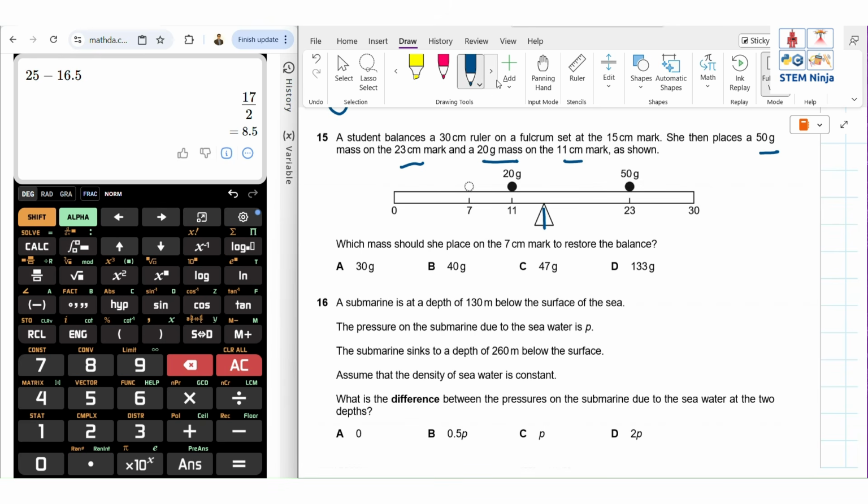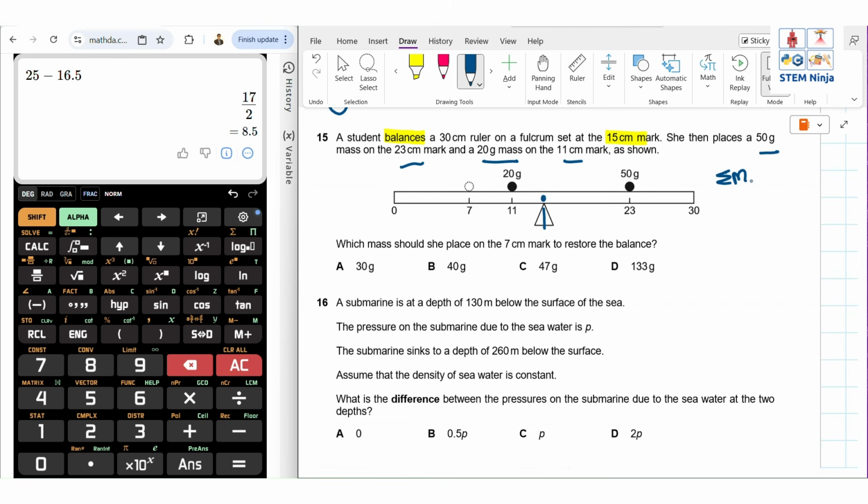Okay, so first off, she already balances it by placing the fulcrum at the 15 centimeter mark. So this shows that this was a uniform ruler. That means this was the center of gravity point already. So we need to figure out where it's leaning first, and then we can see what mass we can use over here. So anticlockwise is equal to clockwise.